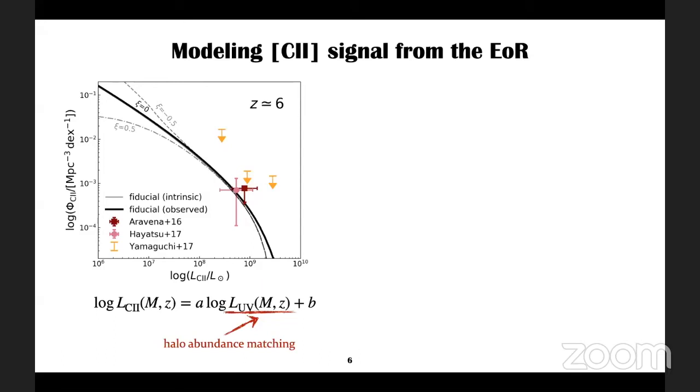The UV luminosity, or effectively the star formation rate of galaxies as a function of halo mass and redshift, is then derived from the halo abundance matching technique. The resulting star formation rate is used to calculate the global reionization history.